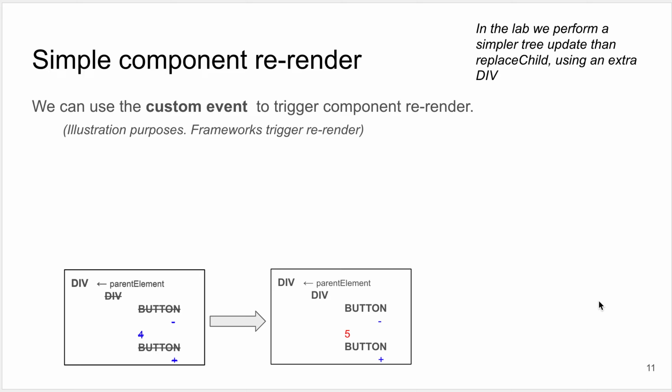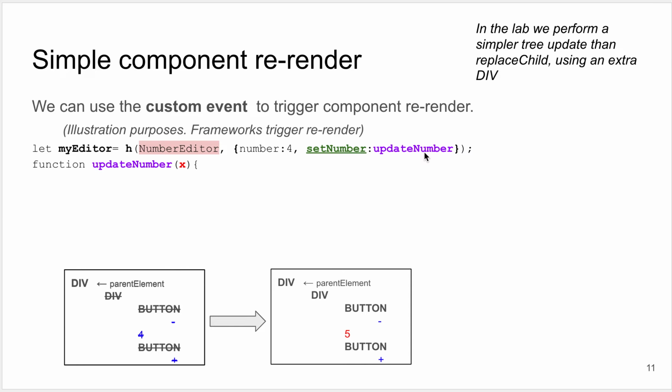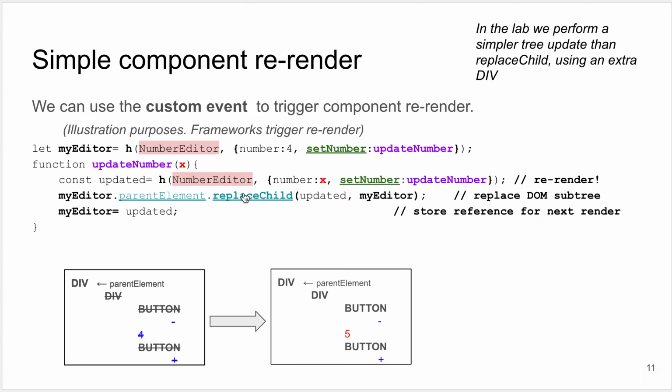In this case, we will use it to actually refresh the component in the DOM after a re-render. When we initialize the component, we pass as setNumber prop a function, and that function happens to re-render the component and then replace its old content in the DOM with the updated content.